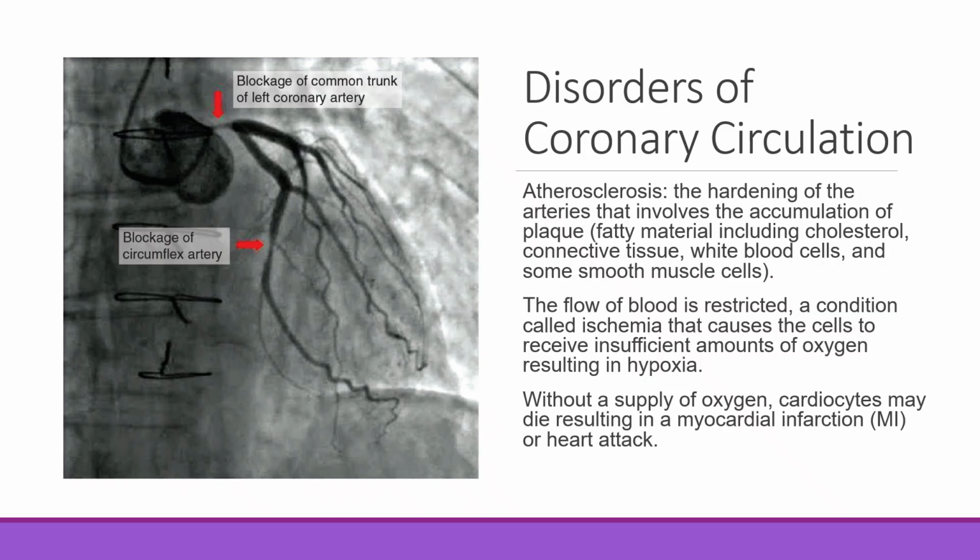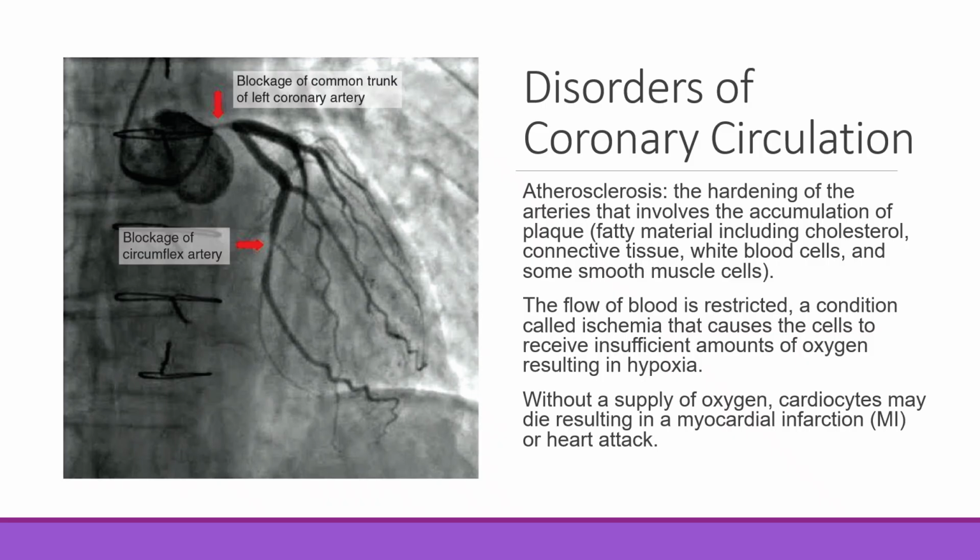Some disorders associated with the coronary circulation, one of them is atherosclerosis. This is hardening of the arteries. You have an accumulation called a plaque that forms in the lumen, or the opening in the middle of the vessel, that includes fatty material from cholesterol.